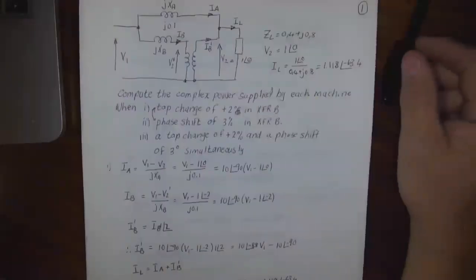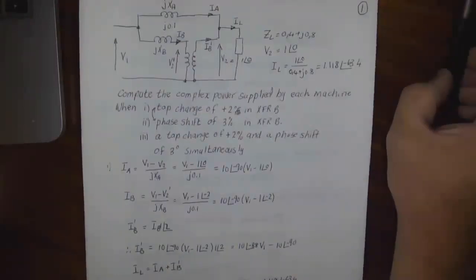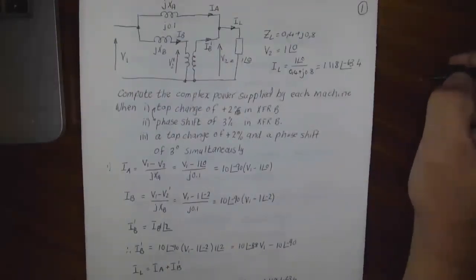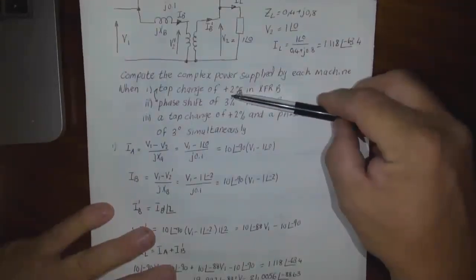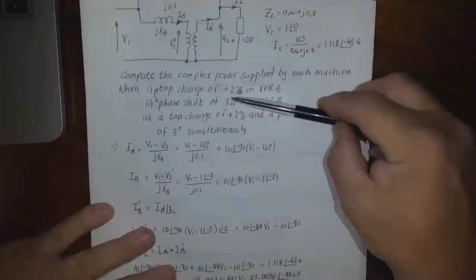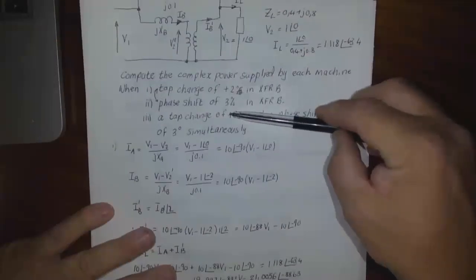Not really. I've sent you most of the question papers. Okay, all right, so there's the first one. I first did a change of 2 degrees and then a tap change of 3%.